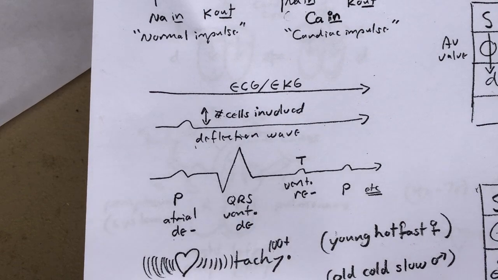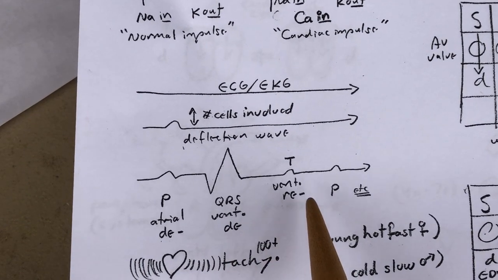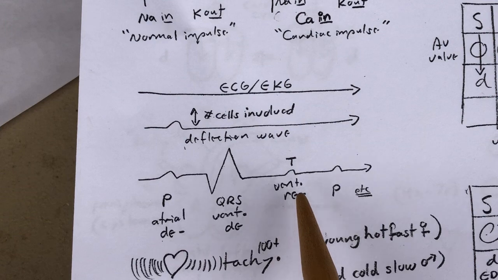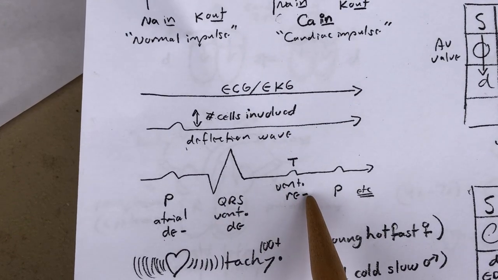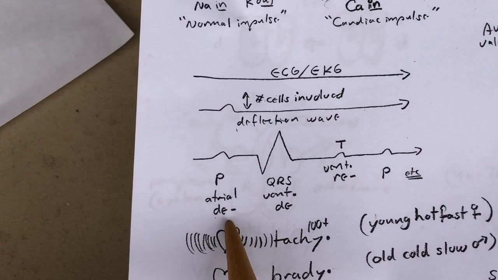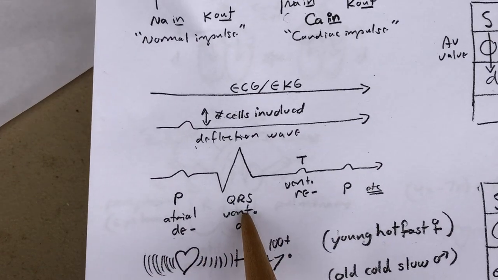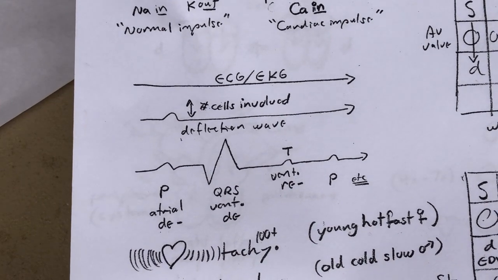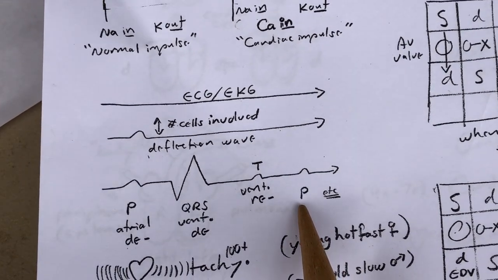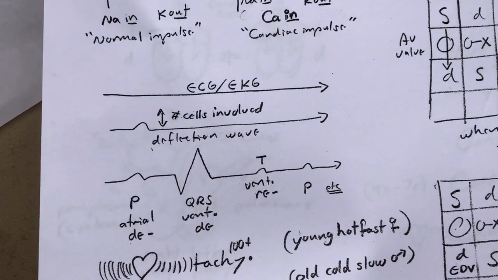After the ventricular depolarization, there is another wave called the T wave, and this represents ventricular repolarization, sort of the echo of this thing right here. Now, there was an atrial repolarization, but that little echo was overwhelmed by the size of this QRS, ventricular depolarization. This next bump right here is the P wave for the next cardiac cycle.